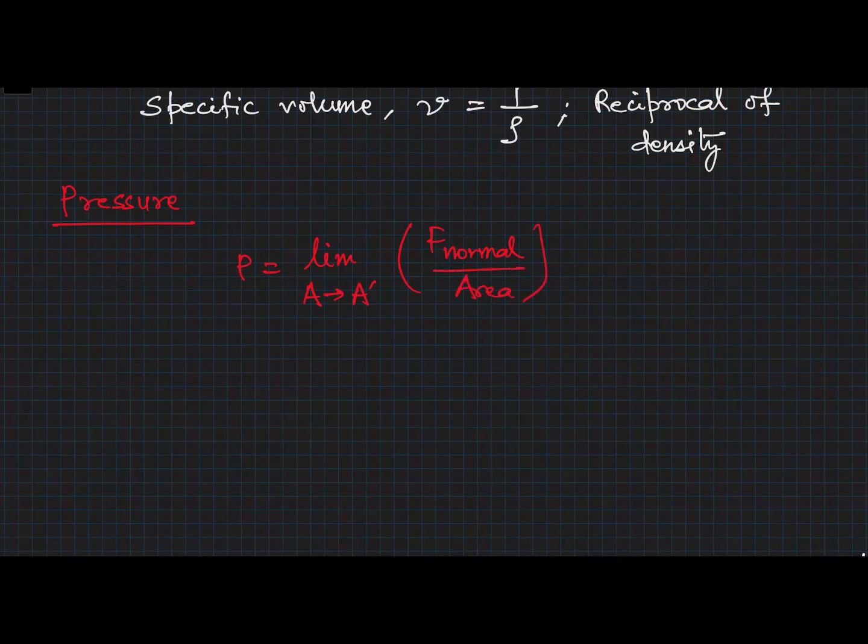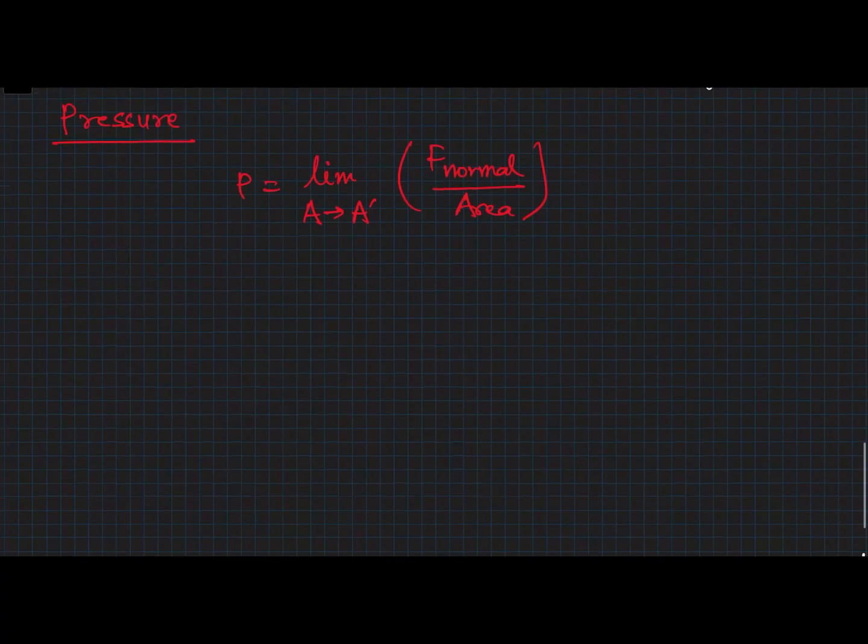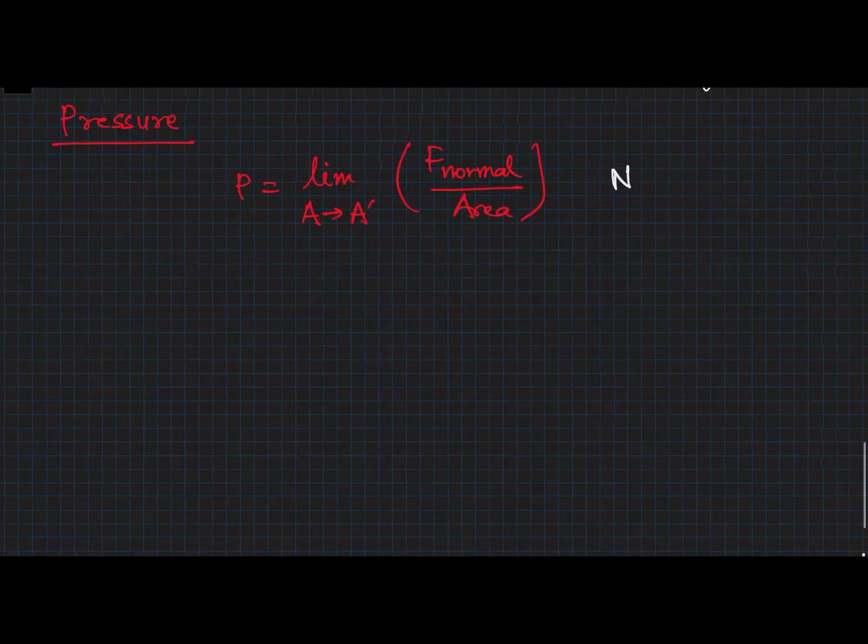Whenever some force is applied on an area, if you take the normal component of that force and divide it by area, you will get the pressure. And the unit is Newton per meter square, which makes sense because force has units of Newton and area has units of meter square.